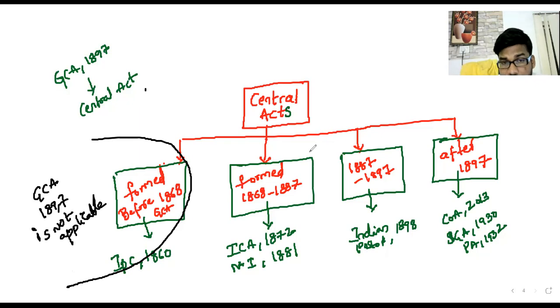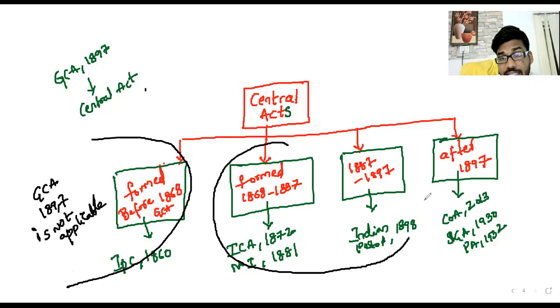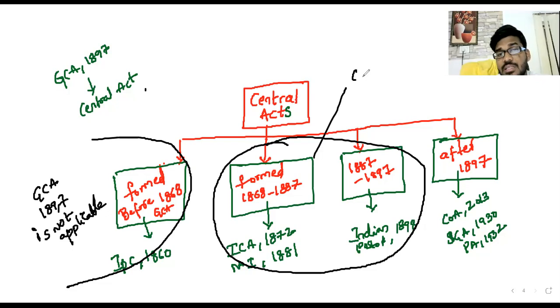But any act formed between 1868 and 1887 and between 1887 and 1897, GCA 1897 is partially applicable.